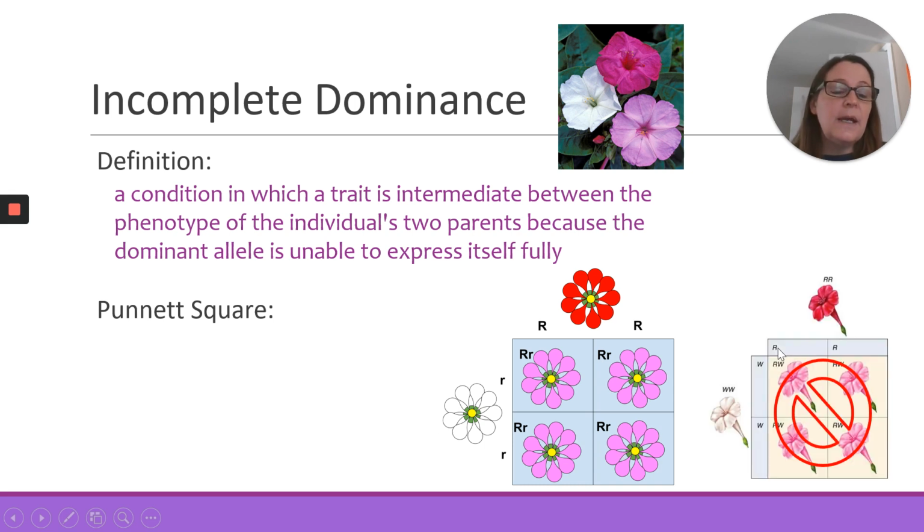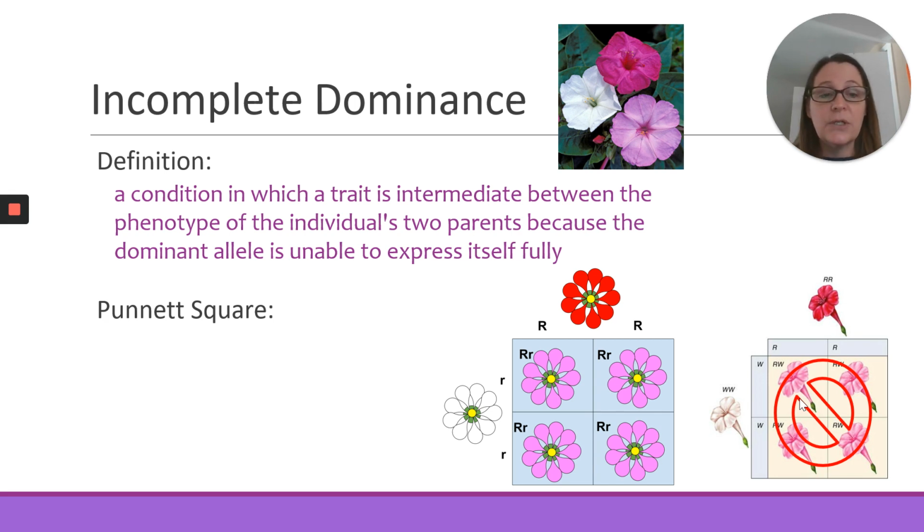You will see this written sometimes. Don't do this. You should have one letter for one trait. In this case, the trait is color. We don't want to do R and W because then it starts feeling like a dihybrid cross, and that is not okay. This is still a monohybrid cross.